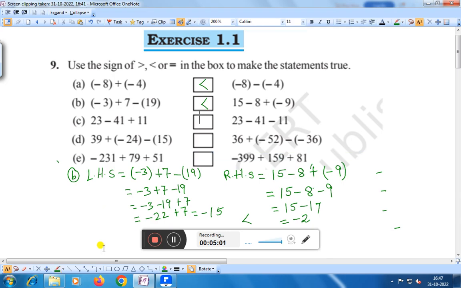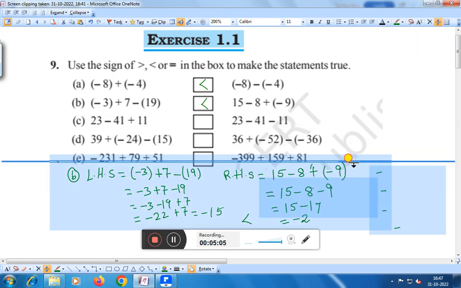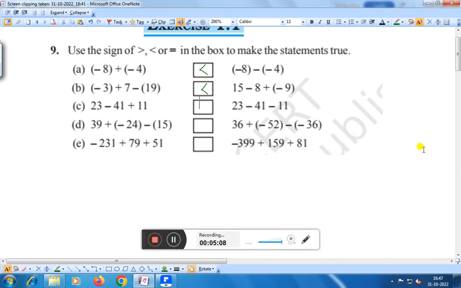Now question number C is 23 minus 41 plus 11. This is left hand side. Right?